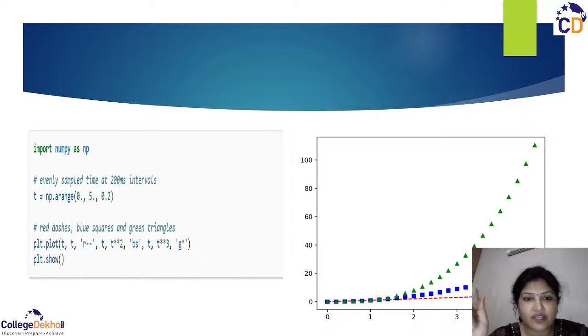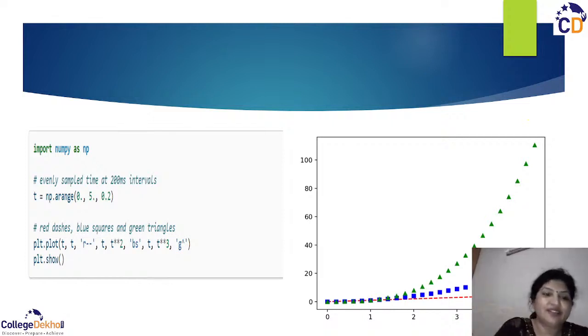Then you are giving it as green. So the triangles are represented like this. Then you are just showing the plots with some values on the screen. So this is the advantage of representing data using Matplotlib.